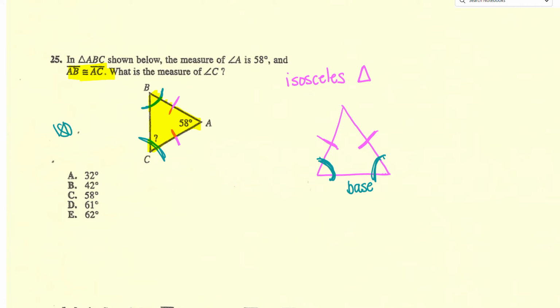So 180 degrees, subtract off your 58, and that's going to leave me with 122 degrees left to be split between those two equal angles. So split it, and that means that 61 degrees is what each of those angles are equal to.